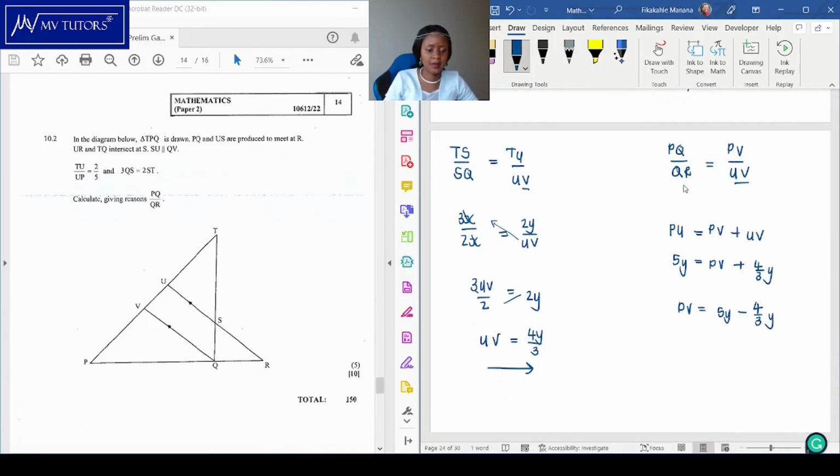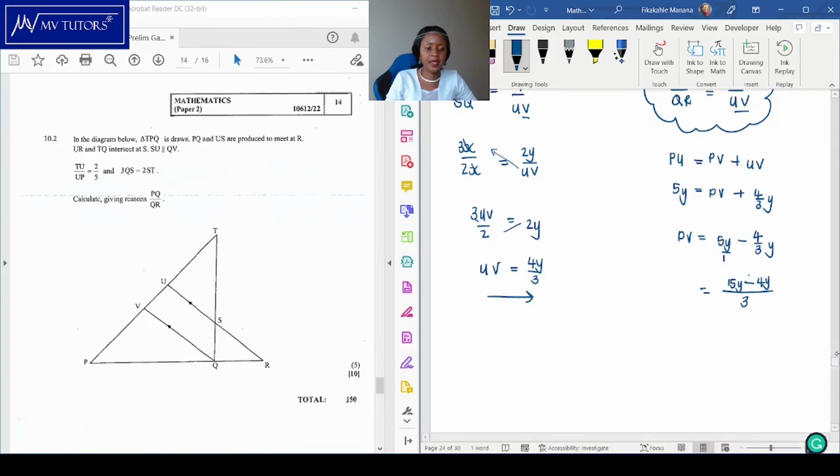At this point we can simplify it. I'm going to make 3 the common denominator, let me not make life hard for myself. So 5 times 3 is 15, and this side I have 4y. So I have PV. Now I can substitute it back into this formula over here.